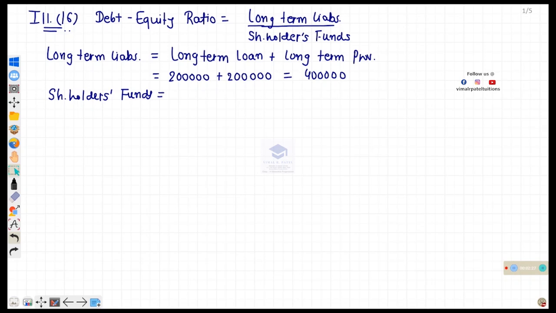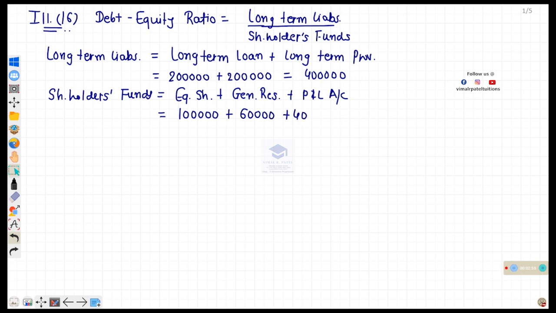Shareholders fund: equity share capital, general reserve and P&L account. 1 lakh plus 60,000 plus 40,000.